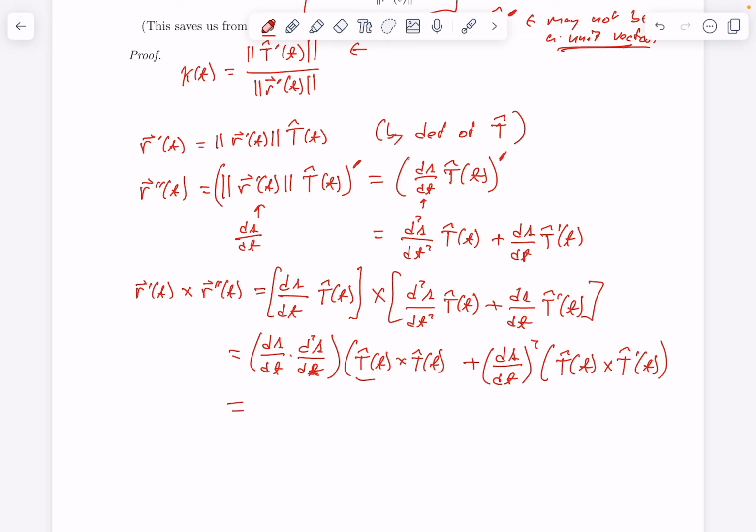This is 0. So that whole thing is gone, and so I end up getting (ds/dt) squared times this.